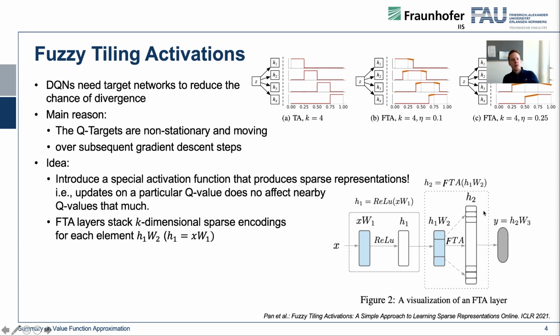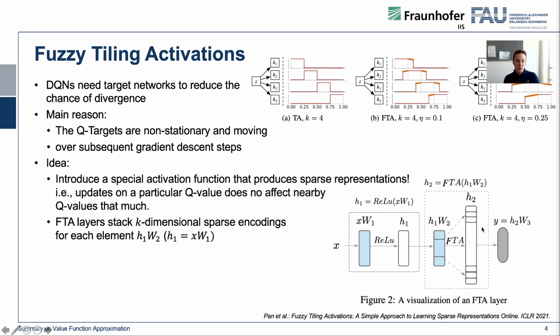They introduce an FTA layer, a fuzzy tiling activation layer, which takes the output of a hidden layer and transforms it into a sparse representation that is in the ideal case either 0 or 1, but with a small transition in between where the gradients are not really 0, so it's differentiable.